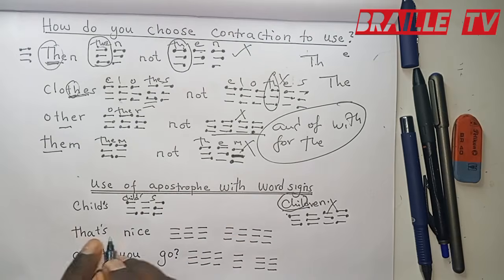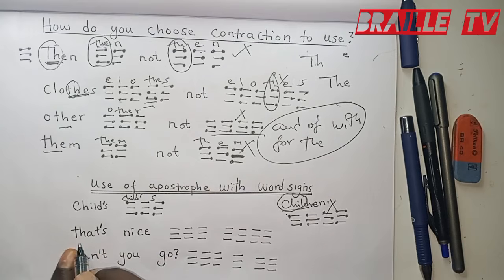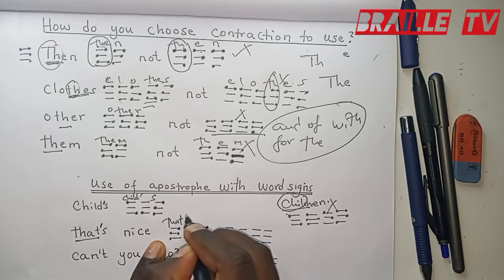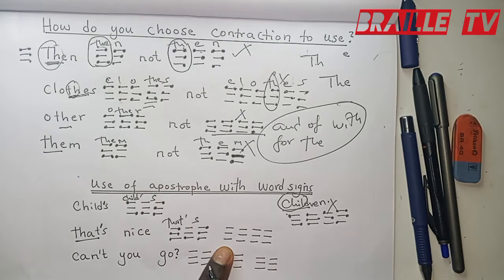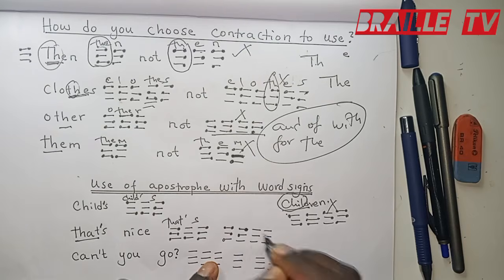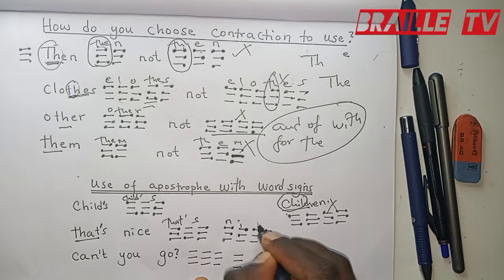You can see there is an apostrophe here, so we are going to contract "that" with the letter T alone. So this is "that", and then apostrophe, and then S. That is very correct. "That's". There is also the word "nice" here, so "nice" is written like that: N-I-C and E.